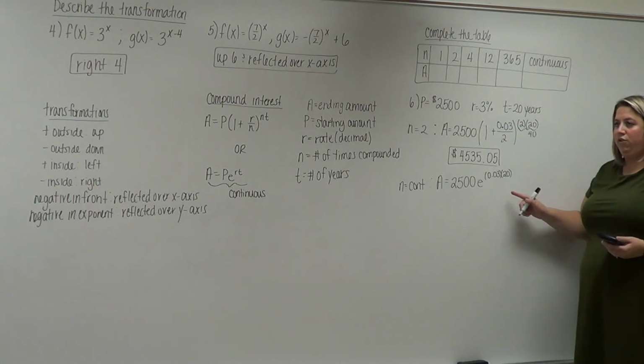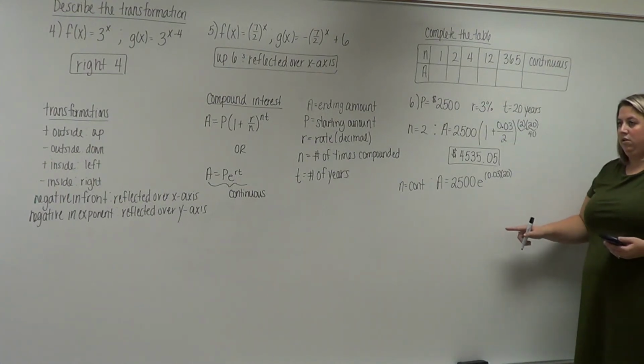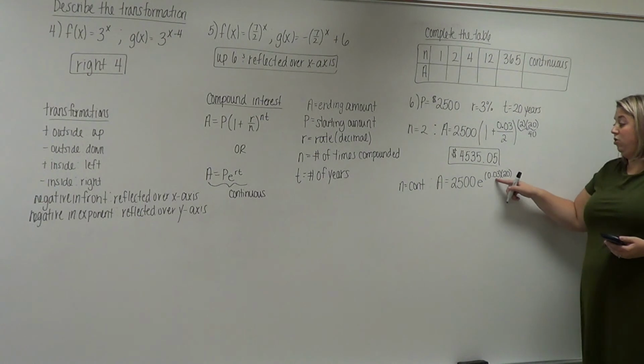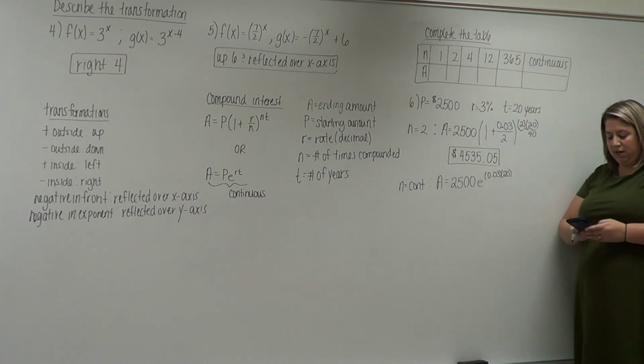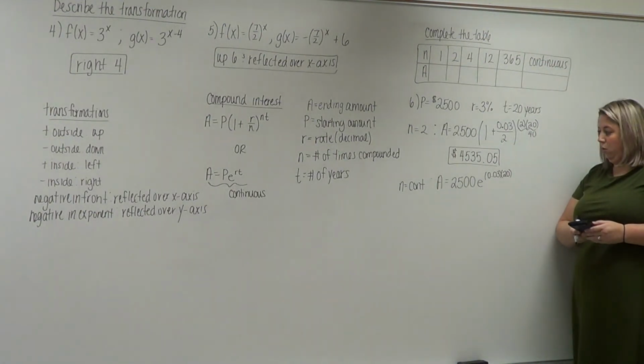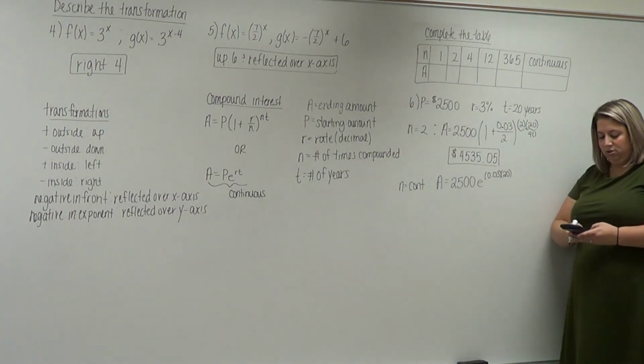What do you think you're going to have to do first here? Exponent. You're going to have to do the e to that power. We have to figure out what this is. So 0.03 times 20 is 0.6. So we're going to do e to the 0.6. Then we're going to multiply by 2,500.